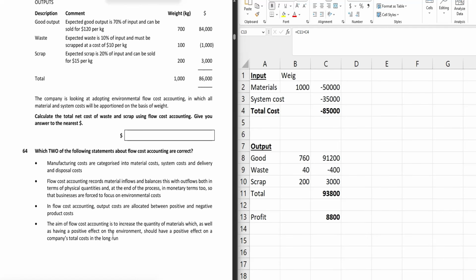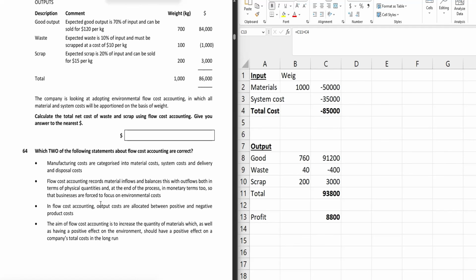Flow cost accounting records material inflow and balances this with outflow, both in terms of physical quantity and, at the end of the process, in monetary terms too, so that businesses are forced to focus on the environmental cost. Now you better know which type of accounting system this reflects: input output analysis.